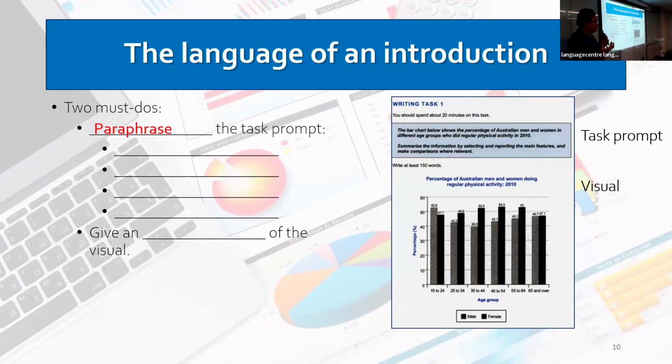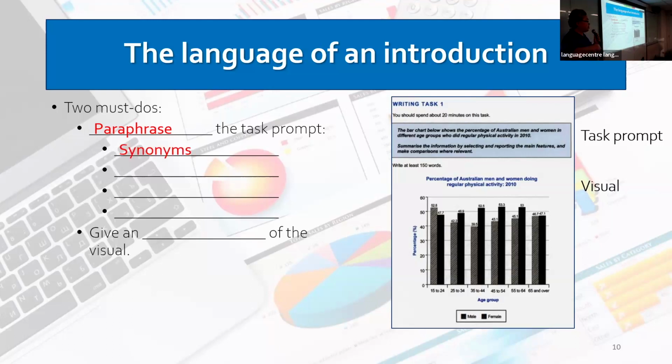We don't have to paraphrase every word in the introduction, but try not to repeat the same words used in the task. There are some tips that I can share with you if you want to do the paraphrasing successfully.